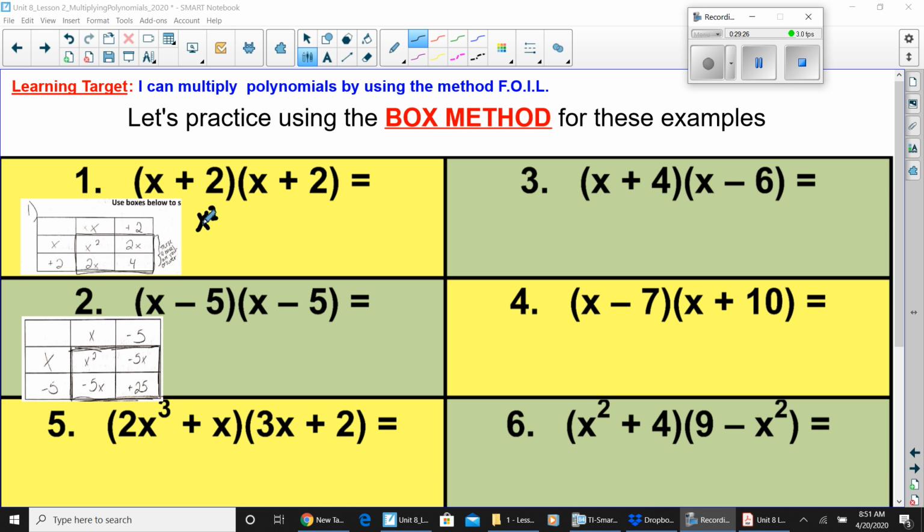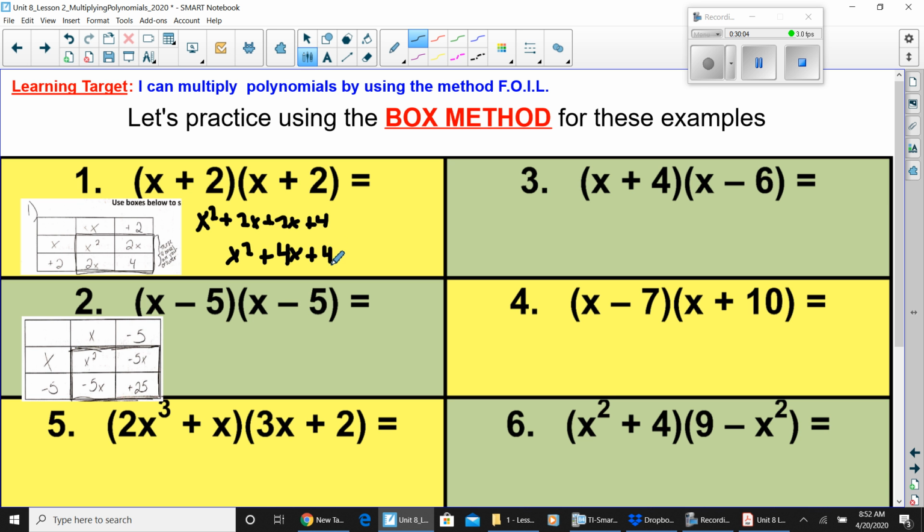You have x squared plus 2x plus another 2x, and then plus 4. So your final answer for this one would be x squared plus 4x plus 4. And that would be your final answer.